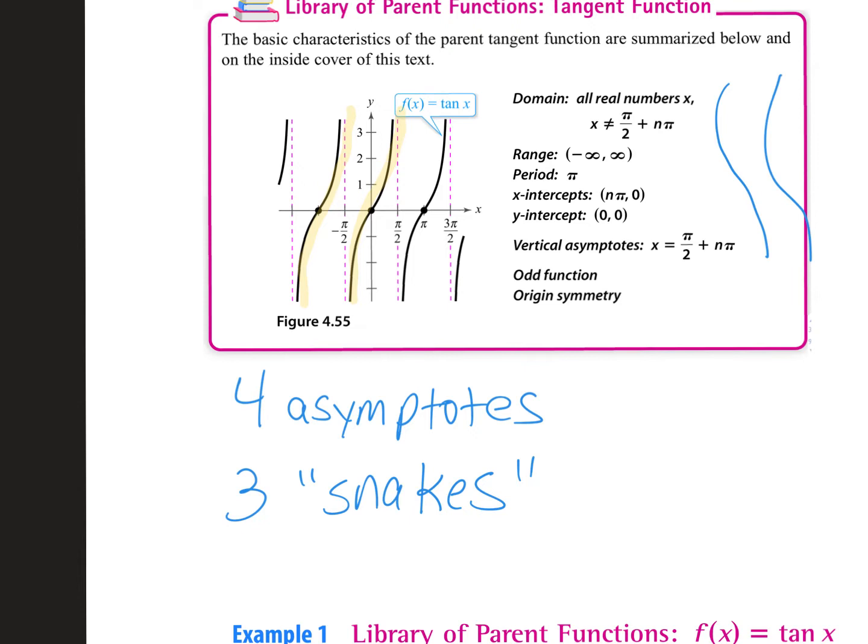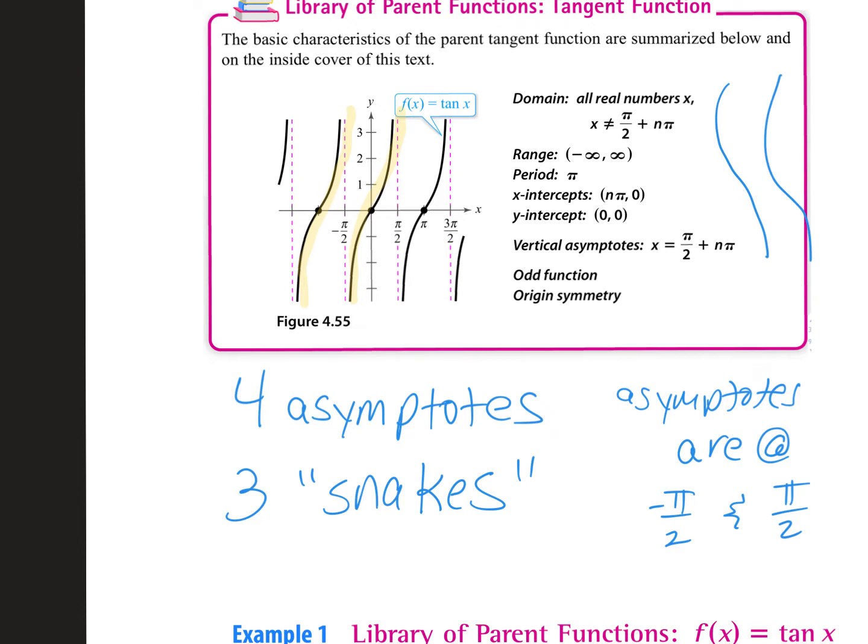In your parent function, your asymptotes are at negative pi over 2 and positive pi over 2. That's with your parent function. I'm going to show you how, when you're not graphing the parent function, you can find where to put your asymptotes.